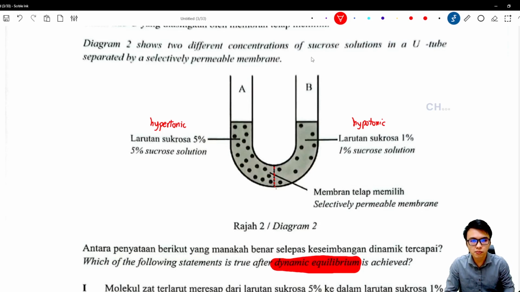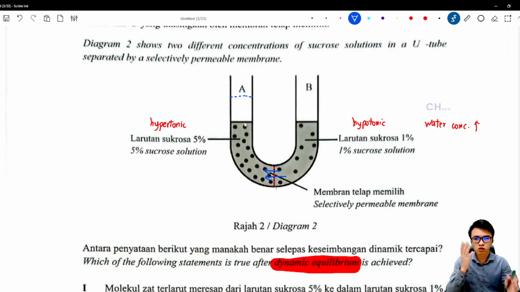So right here, B is hypotonic. It means that the water concentration here is higher. When the water concentration here is higher than A, then the water will diffuse from B to A. So eventually, A will have more water, but the amount of the sucrose will be the same, until the concentration of water in A and B is the same.